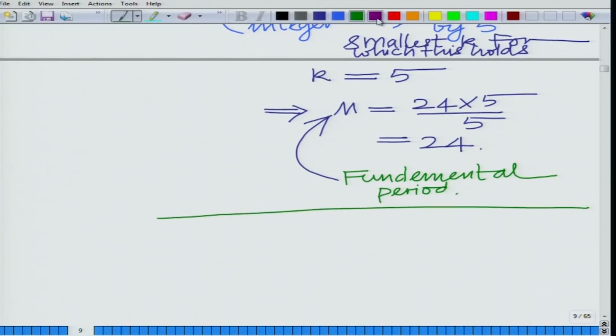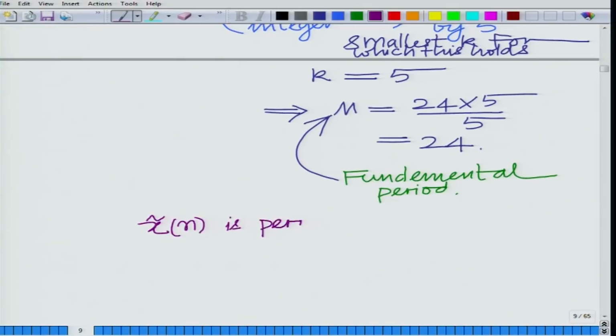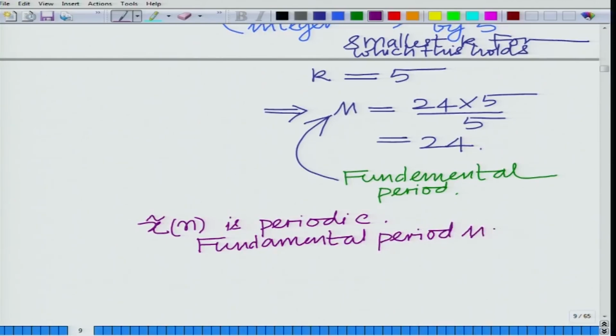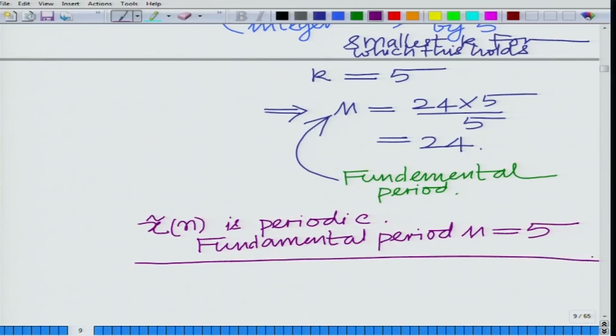Okay. So, in fact it is periodic and the fundamental period m is equal to 24, and this is the solution to the problem.